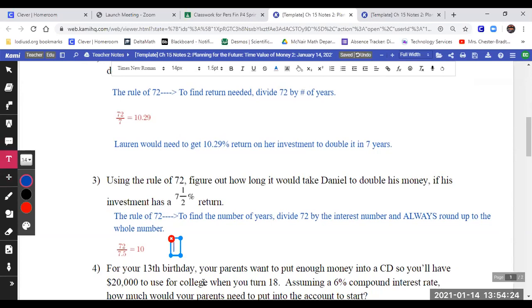So who are we talking about? And what are we talking about for him? So Daniel, what does Daniel need to do?